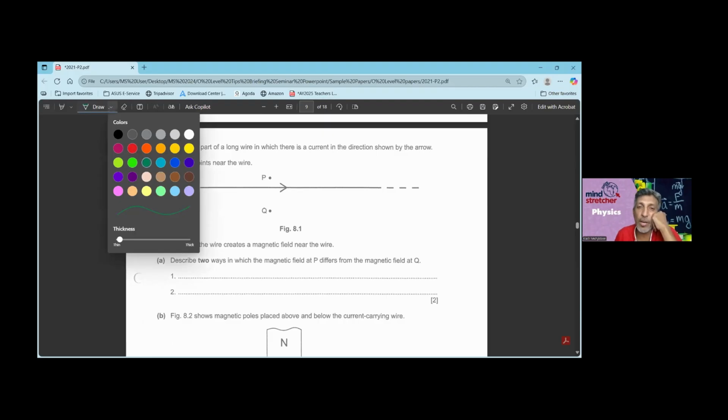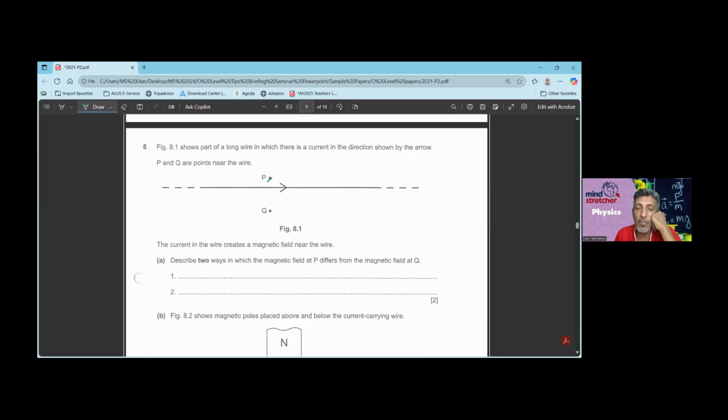If you use your right hand grip rule, you will find that the field is coming out of the paper like that, and here it's going in. So you have to say that the field here is coming out and here is going inwards.